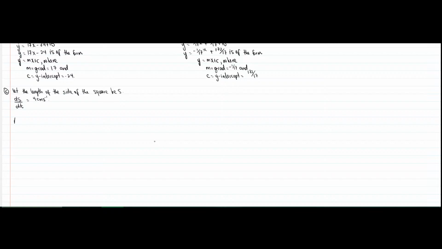Alright, so we know the area of a square is side squared. You can differentiate this and get dA dS is 2S. And we are required to calculate the rate of change of area, which will be dA dt, when S is equal to 5 centimeters.